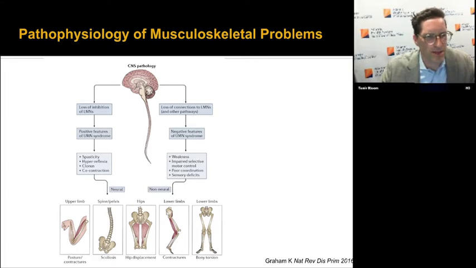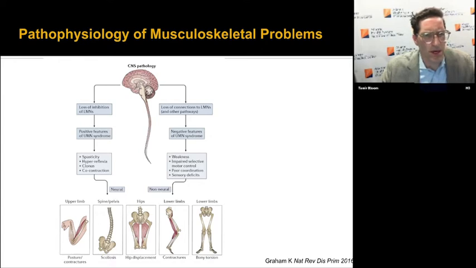And to the developing skeleton, these cause contractures and posturing. They can twist the spine and cause scoliosis. They can literally, because of the strength of the muscles, pull the hips out of the sockets, cause contractures of the lower extremities, as well as deform or twist the bones of the lower extremities.